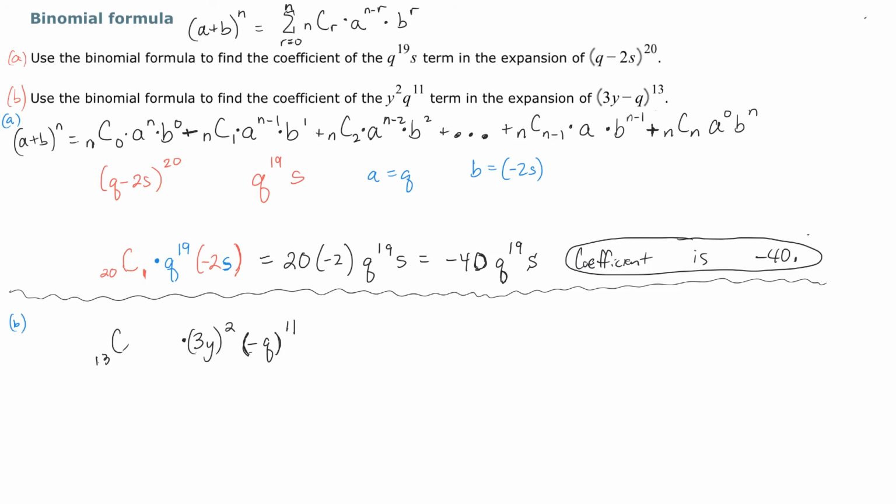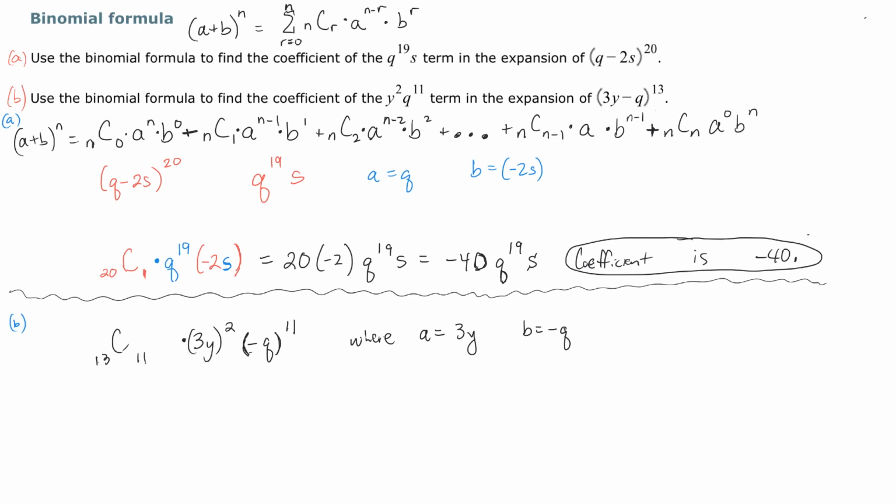So that might be a little bit easier way of looking at it, where let's say a is 3 times y, and b is equal to negative q. So this has to be 13 choose 11, right? And yes, that's going to work.